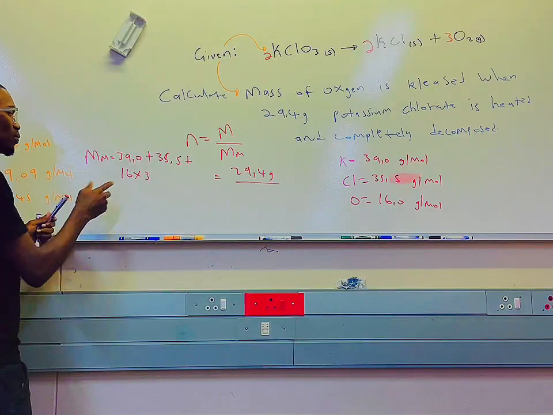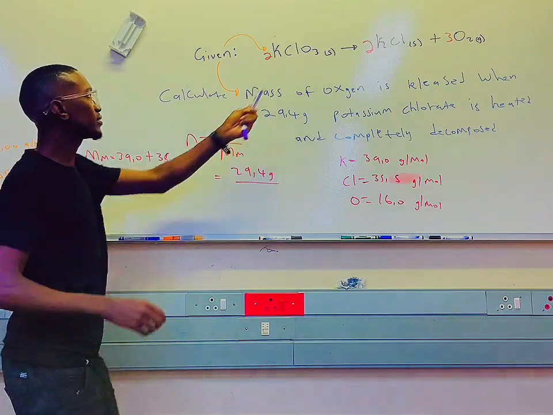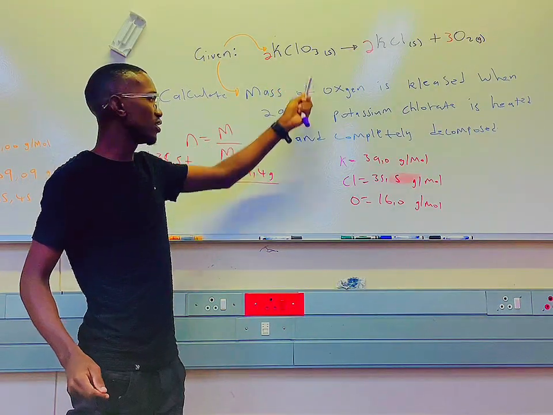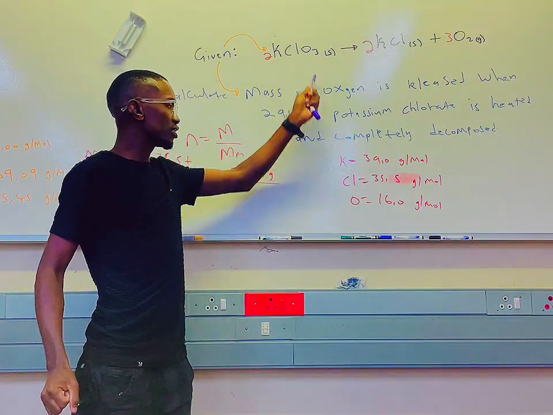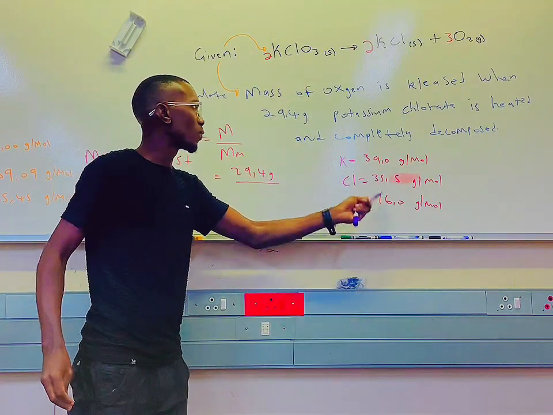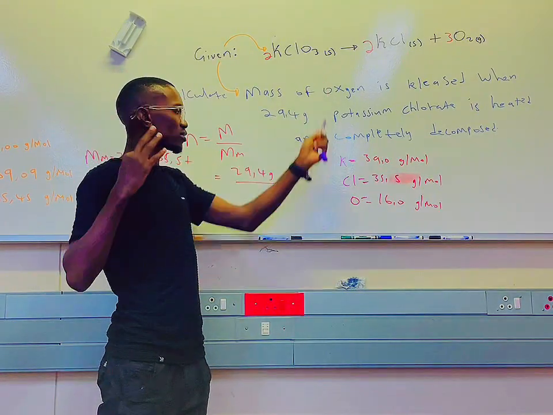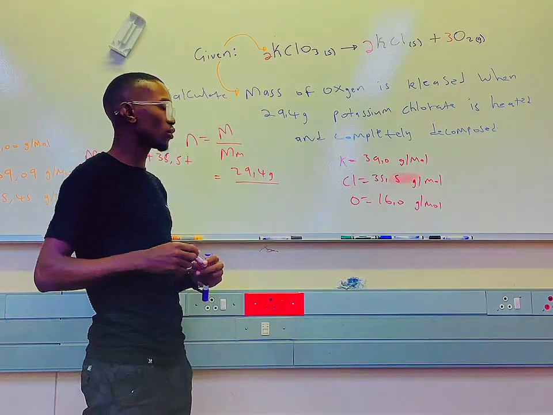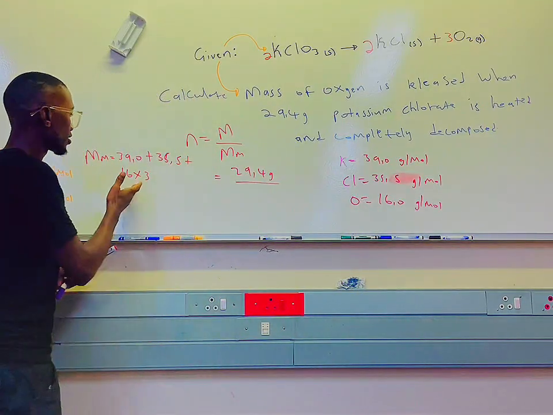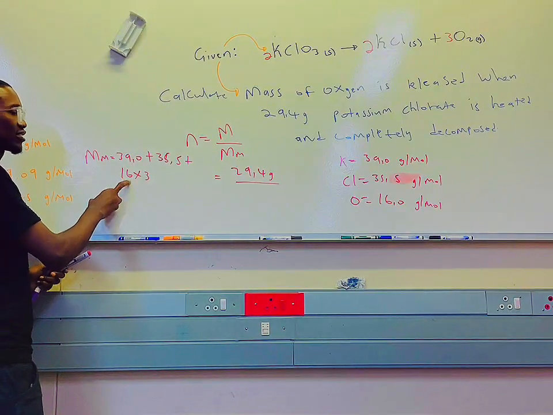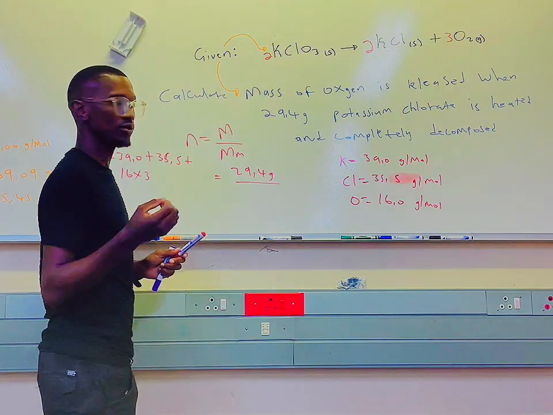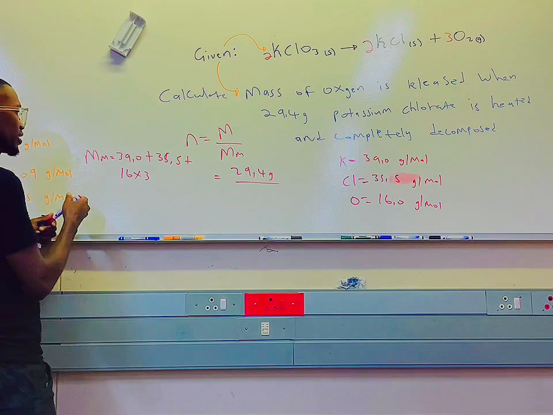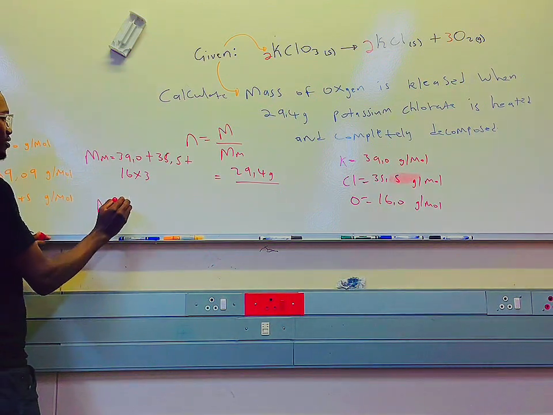Why do we multiply 16 by 3? There are 3 oxygen atoms, and each and every oxygen must be counted. So it is 3 oxygen atoms times the molar mass of an oxygen atom. That's the reason we multiply 16 by 3. Then from there we can get the final answer of the molar mass.